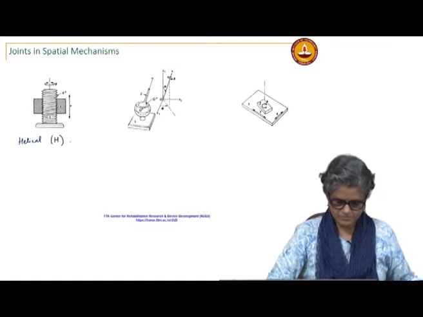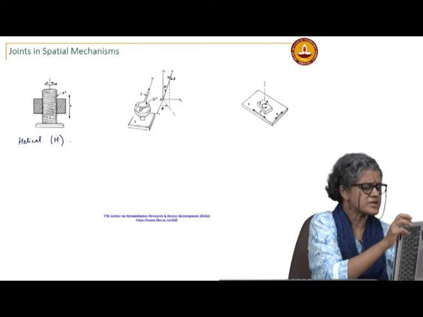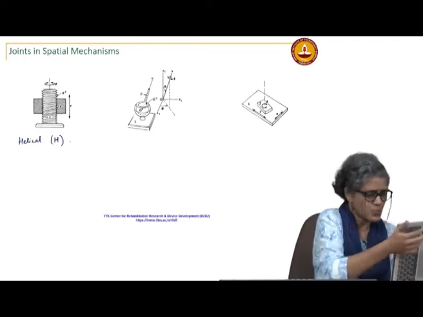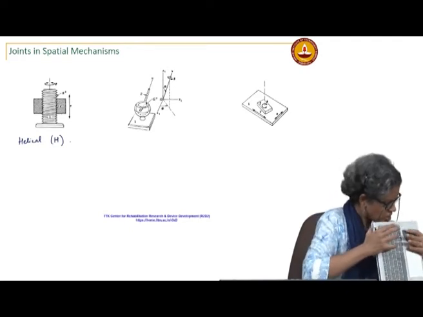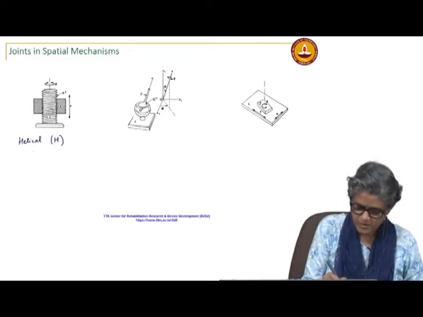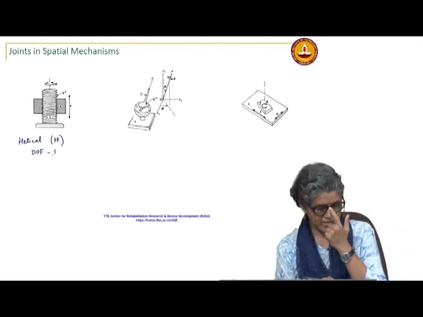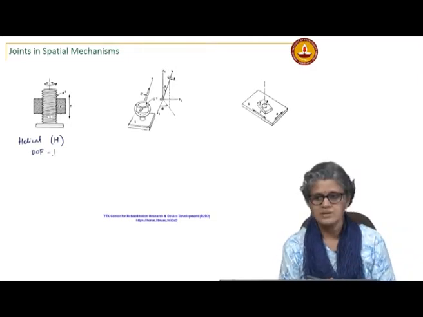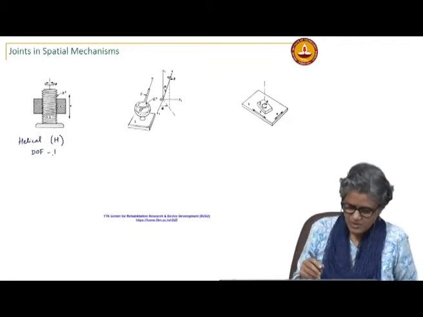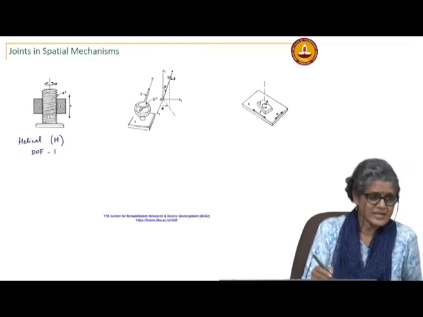And what is the number of degrees of freedom of this joint? It is 1. We have seen, because the helical joint has DOF 1, because the translation and the rotation are related by the pitch of the screw, actually the lead of the screw.